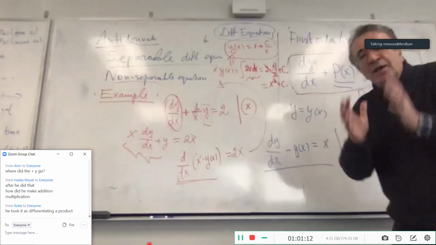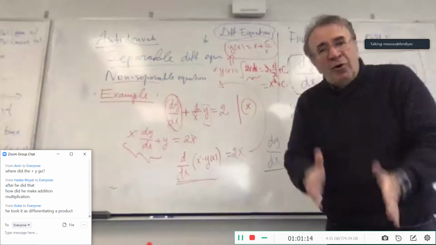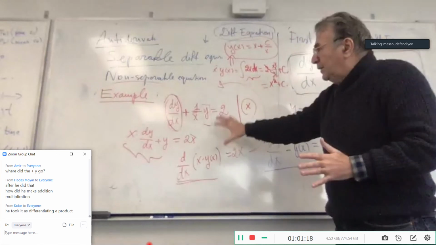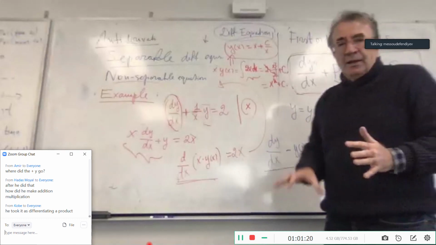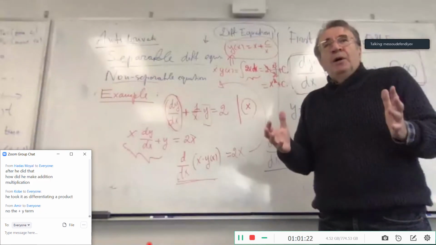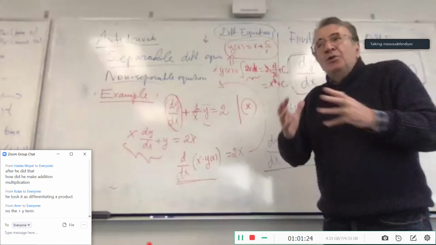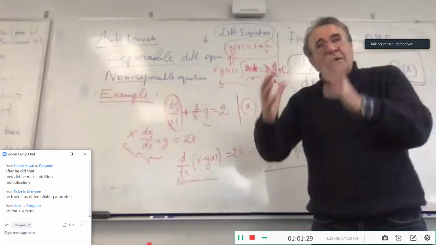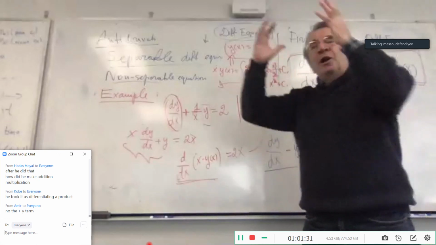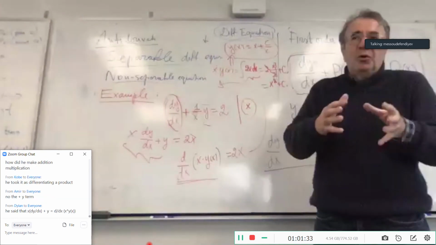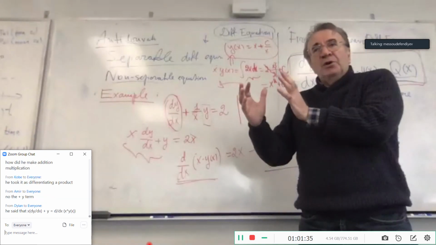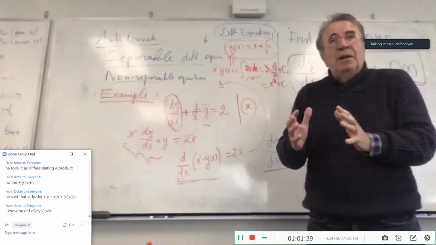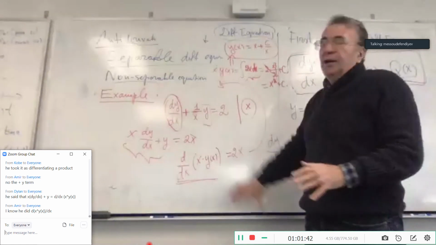But this works only for linear equations. For a nonlinear equation, this method doesn't work, and the only hope is that your equation will be separable. Separable equations are fine for both nonlinear and linear cases. But if it is non-separable and nonlinear, this technique doesn't work.